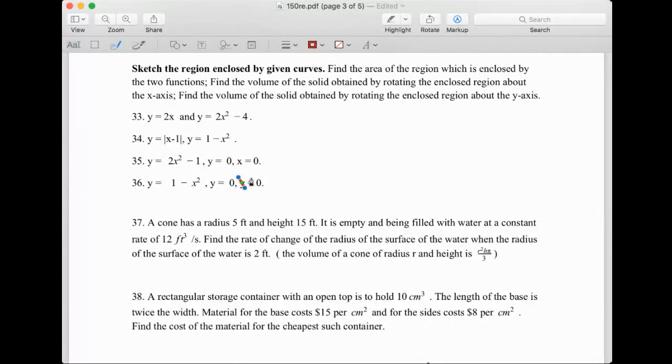This should be x to make sense. X equals 0, which means y equals 0. That means we want to bound the graph in the first quadrant.